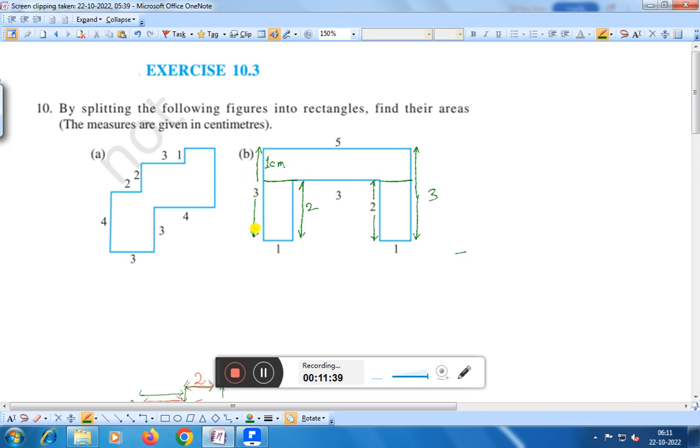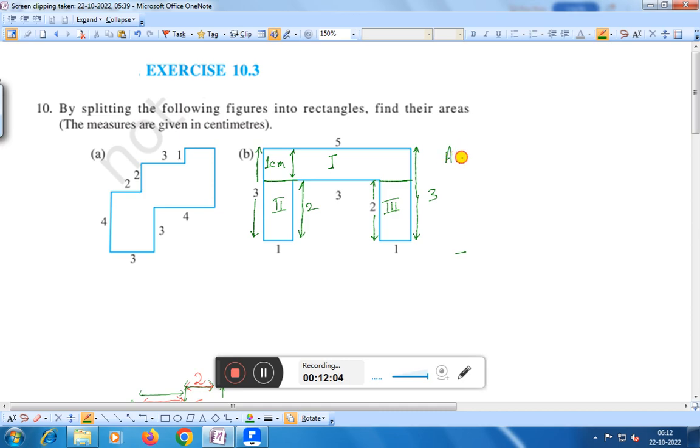Okay, here you see the total length is 3 centimeter, right, and this length is 1 centimeter. From here to here this is 1 centimeter, right? So 3 minus 1, that is, it is 2 centimeter, right? Then we are getting 3 rectangles, 1, 2 and 3, right?